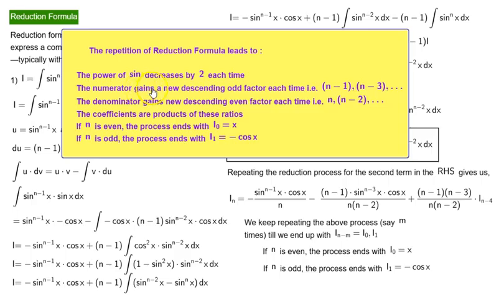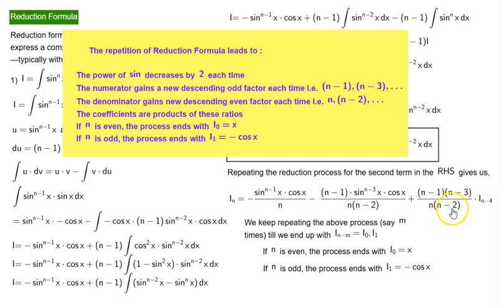Each time the numerator gains a descending odd factor. And similarly, the denominator gains a new descending even factor each time. So we started with n times (n minus 2).